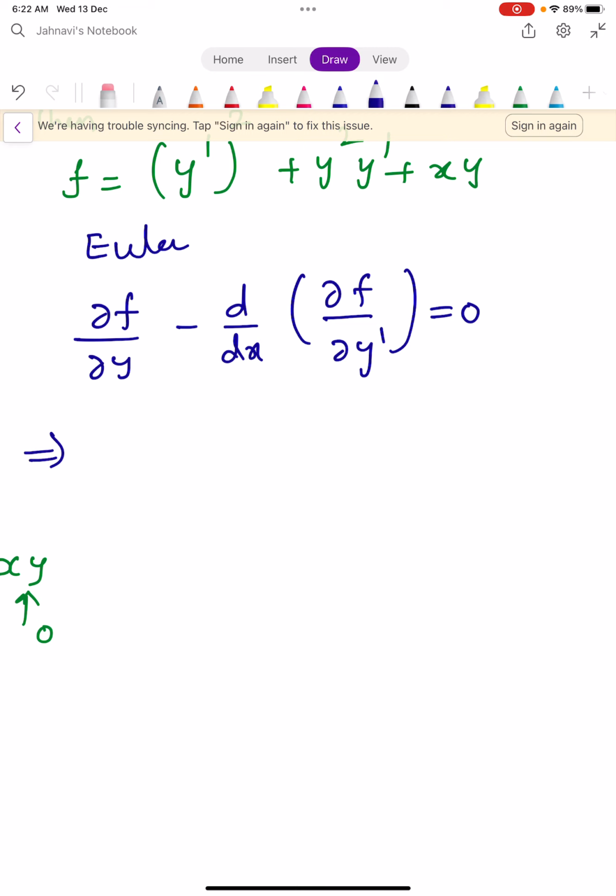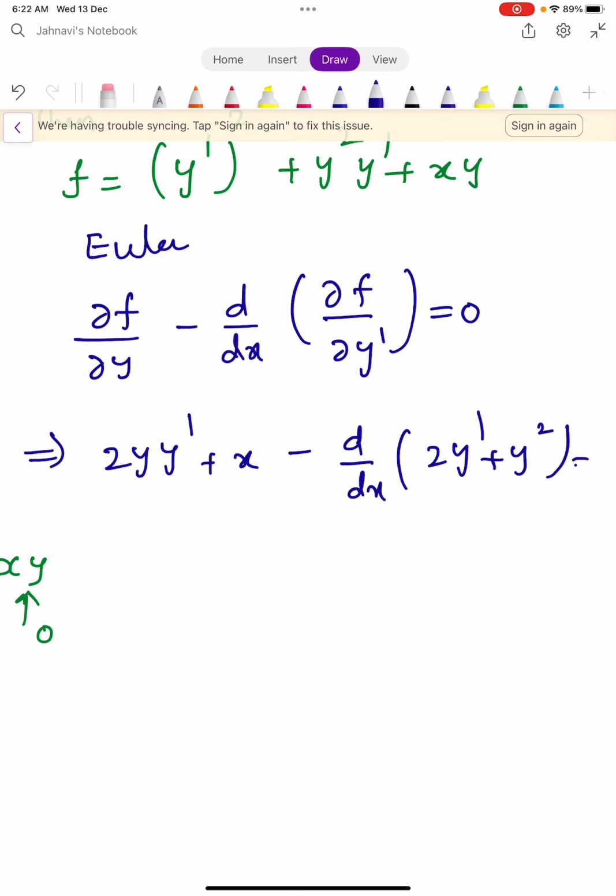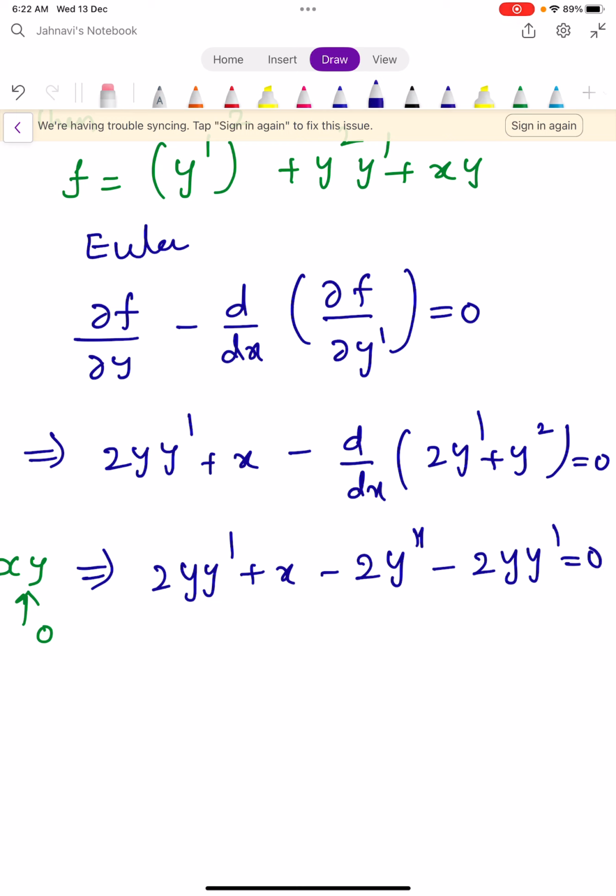Dou f by dou y means 2y y dash plus x, minus d by dx of 2y dash plus y square is equal to 0. After simplifying we get 2y y dash plus x minus 2y double dash minus 2y y dash is equal to 0.